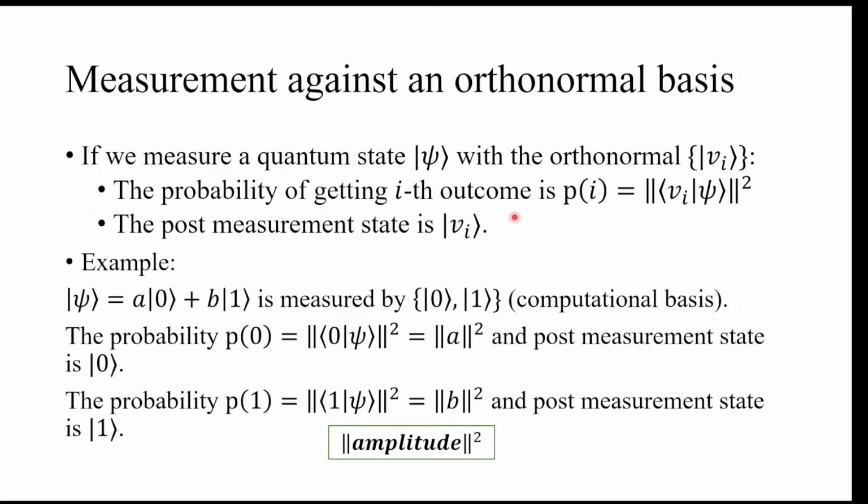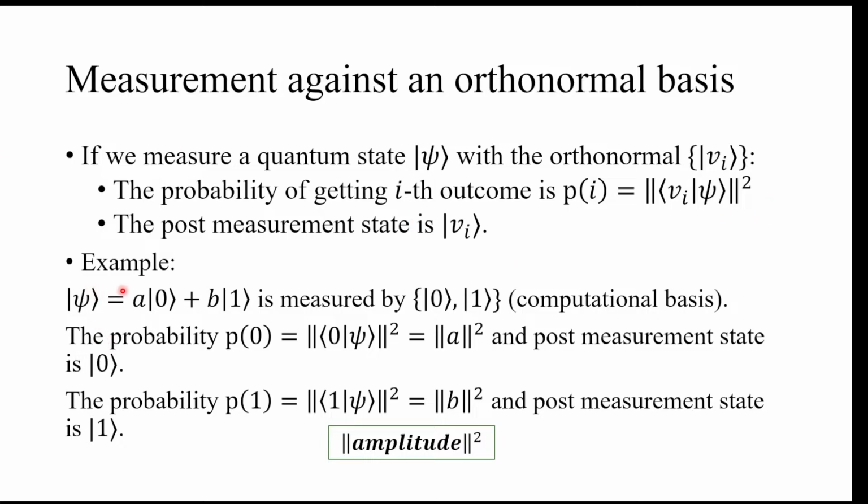So you will get a random VI as outcome, and the probability is just the coefficient of your psi on VI. So the probability of getting I is the inner product of VI and psi, squared.